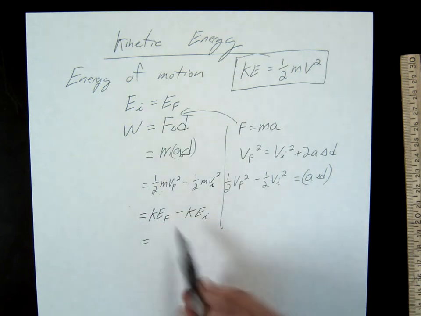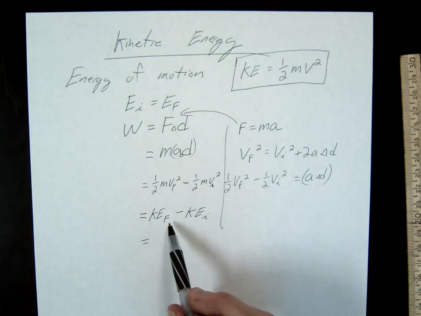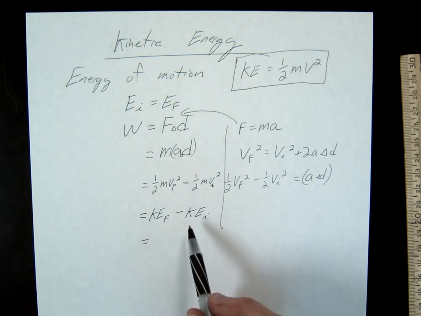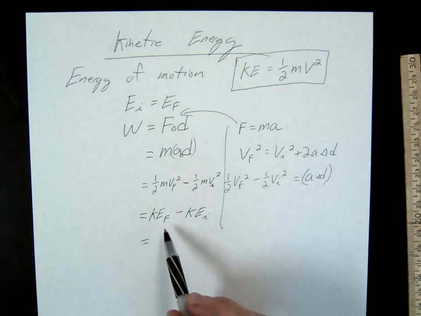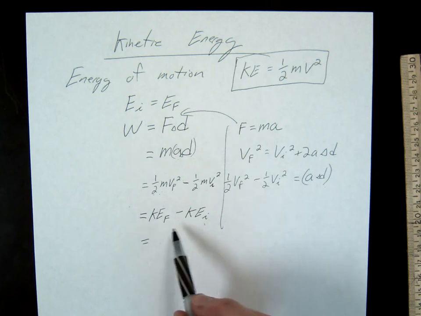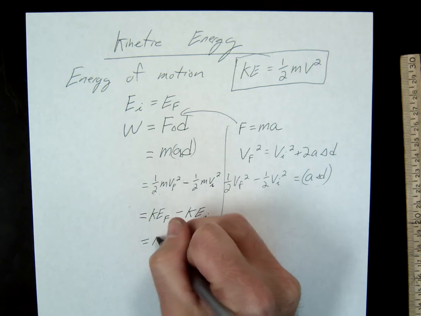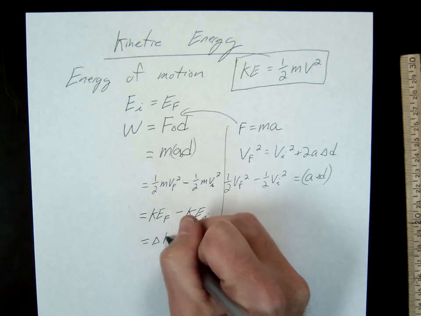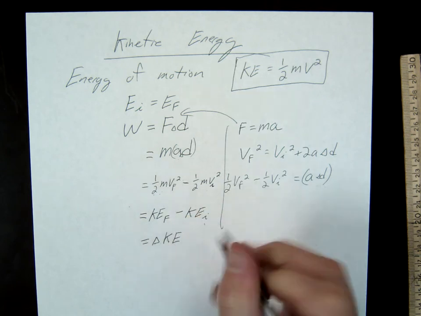Well, what is this when you subtract final minus initial? They're not going to be equal to each other. This is called a change, or a delta. You're changing from one to the next. You're finding the difference between the two. So I can write this as delta KE.